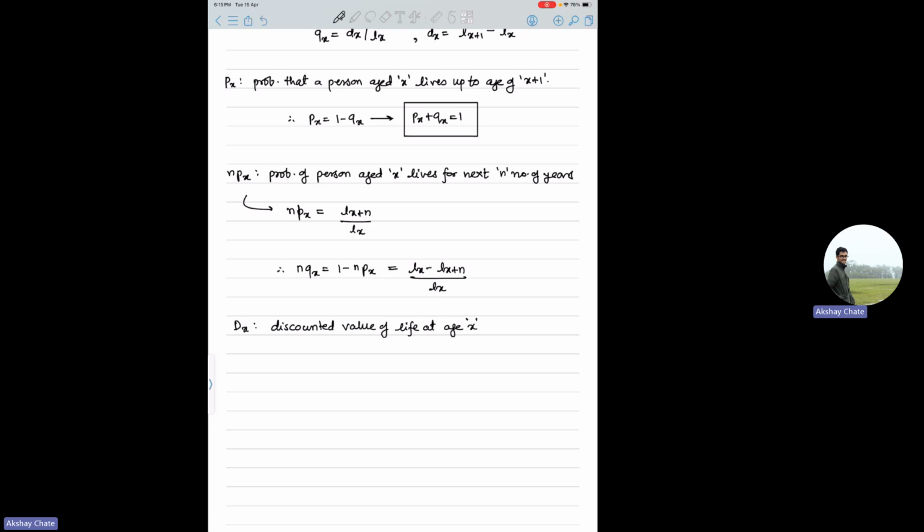So this also means the present value of $1 or 1 INR payable at death.